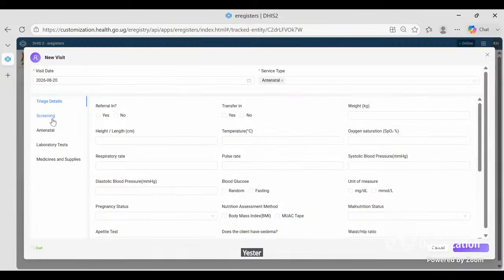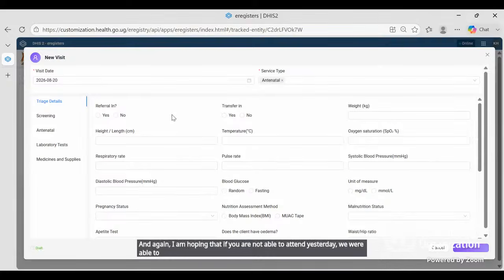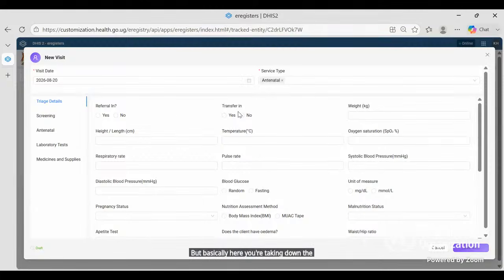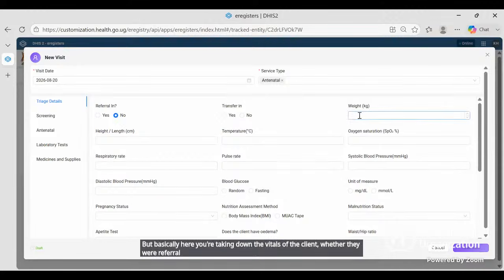Yesterday, we went through the triage details, and I am hoping that if you were not able to attend yesterday, you were able to access the recording for that session. Basically, here you're taking down the vitals of the client, whether they were referred in, their weight.